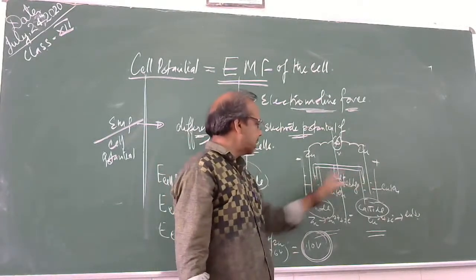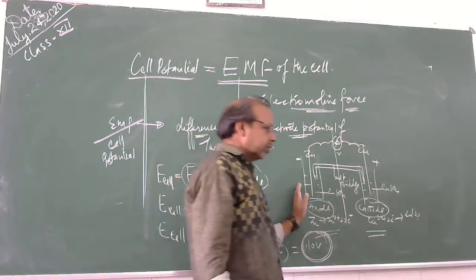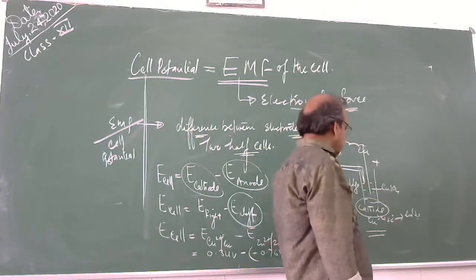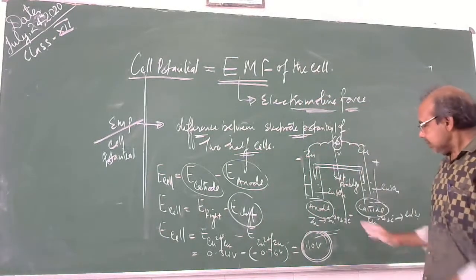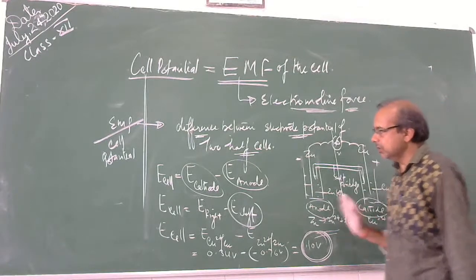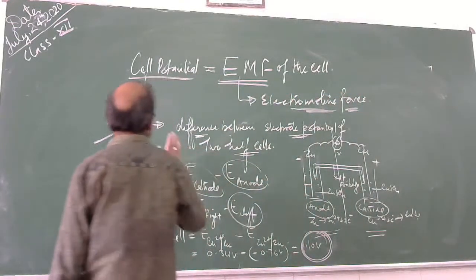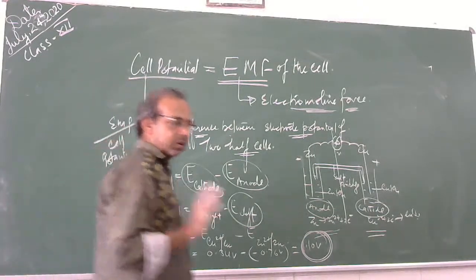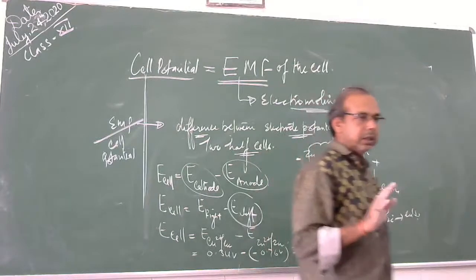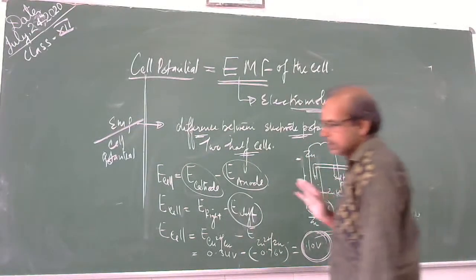These two half cells are connected with the salt bridge. The electrode potential of this is different from that of this, and the difference of these two electrodes is called the EMF of the cell or cell potential.